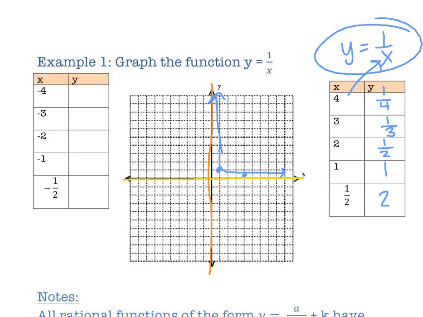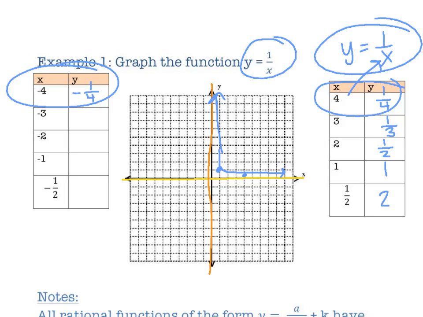And there's the positive branch, the positive hyperbola of this function. And now, from what we talked about on the previous slide, for any value x comma y on one branch, I should have the same corresponding value, but negative x comma negative y on the other branch. So if I put in -4, I should get out negative 1/4. And that works too with this math if you just do the math.